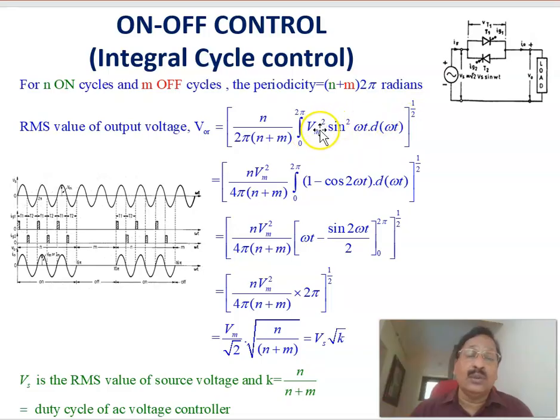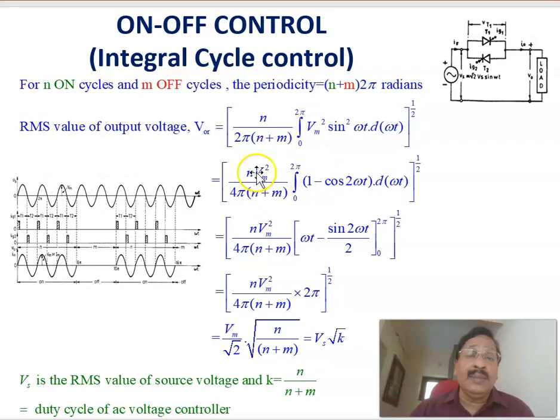Root means square: it is squared and integrated, and there are such n cycles, so it is multiplied by n, and that is divided over n plus m into 2 pi, all under square root. Therefore the RMS value of the output voltage equals the square root of n divided by 2 pi into n plus m, integral 0 to 2 pi of Vm square sin square omega t d omega t.